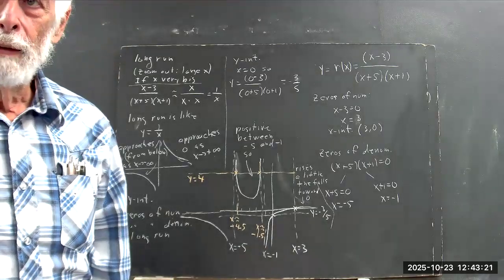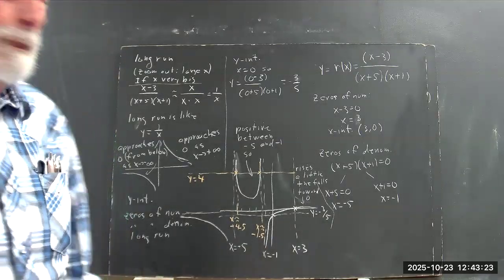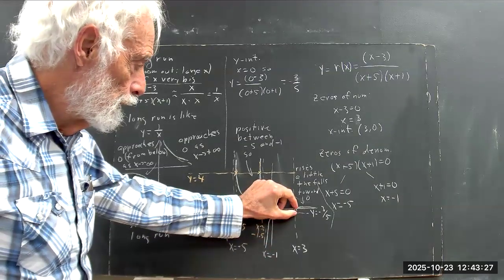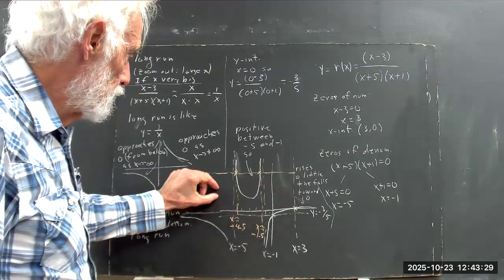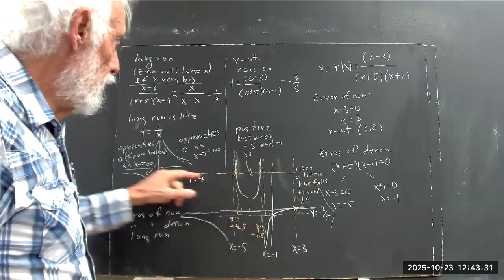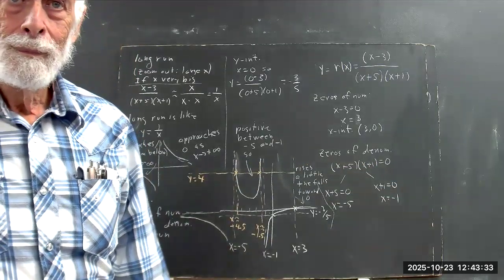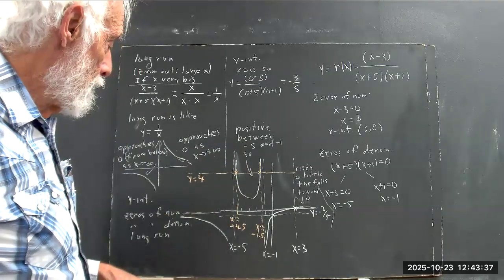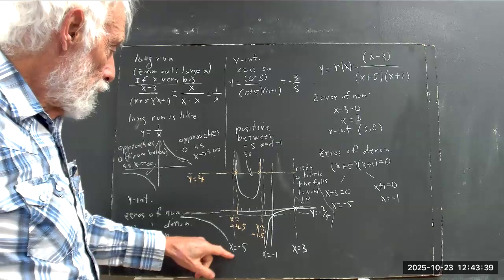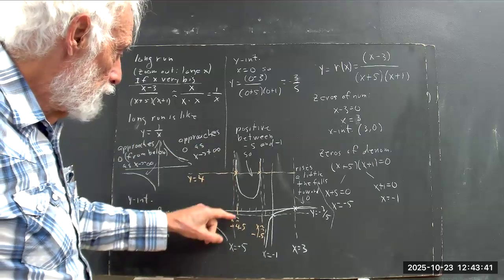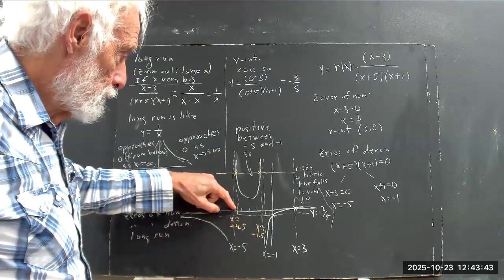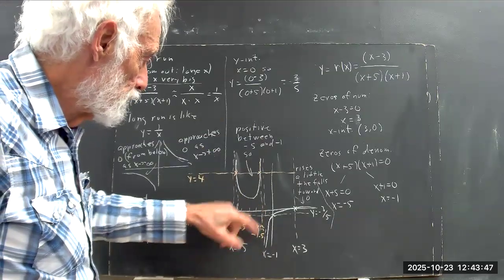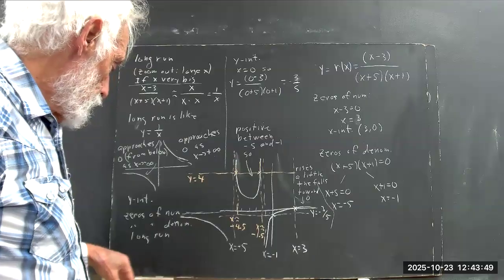I was visualizing the graph and said, yeah, that might work out fairly well. Well, I've already got the line y equals negative 3/5. One would be about this big. 1, 2, 3, 4 is up about here. There's y equals 4. It intersects the graph here and here. Now, this is a line x equals negative 5, and there's one estimate of x. Here's a line x equals negative 1. There's another estimate of x.